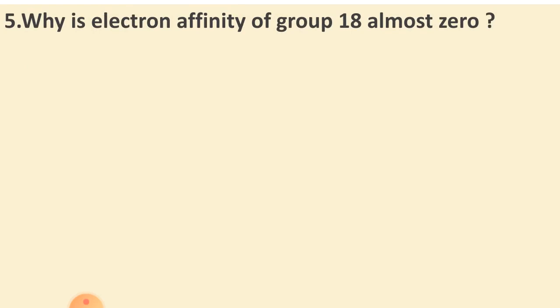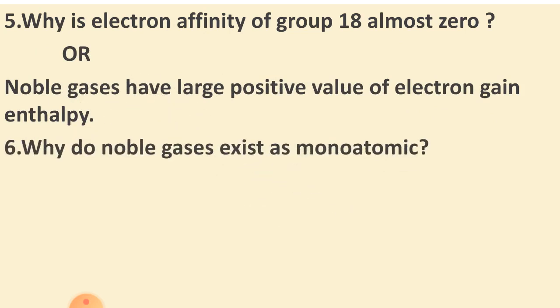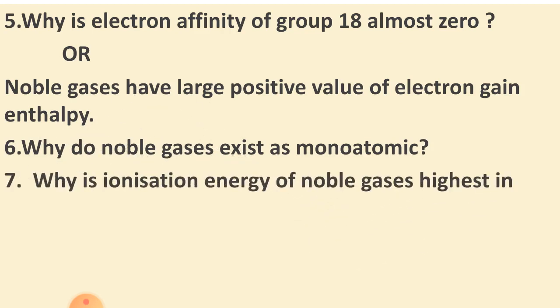Now question number 5, why is the electron affinity of group 18 elements almost zero? Or this question may arise like this: noble gases have large positive value of electron gain enthalpy. Explain. So write your answer from the PPT video. Question number 6, why do noble gases exist as monatomic?